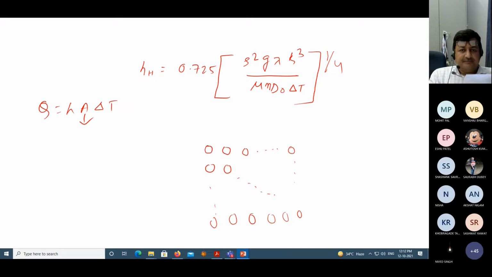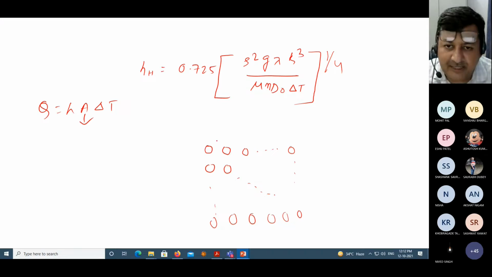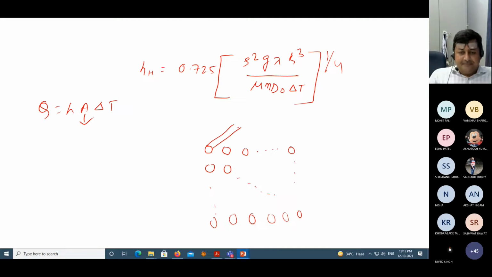Total area of transfer. For a bundle, which is a horizontal one, in figure 1 only one pipe is given. But you have to visualize that in a heat exchanger there is a 10 by 10 array, a bundle of 100 tubes on which the steam is coming.